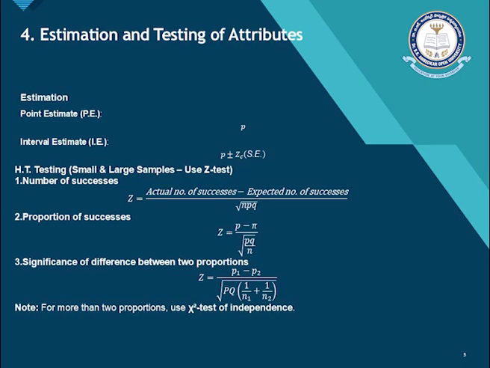Two, proportion of successes, where instead of taking actual numbers we take the proportions like 50%, 60%, etc. Then third is comparing the significance of the difference between two sample proportions. So, these are the types of problems we come across.